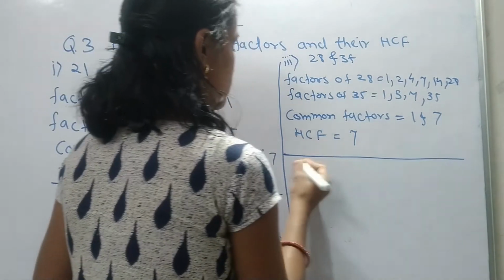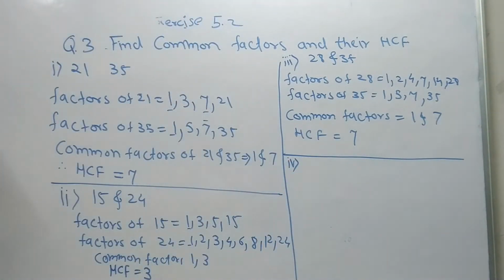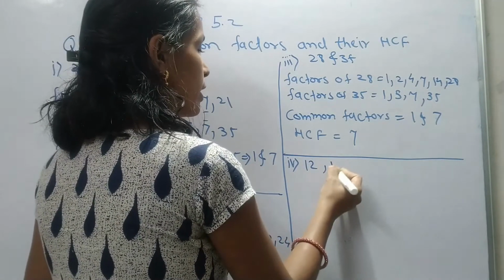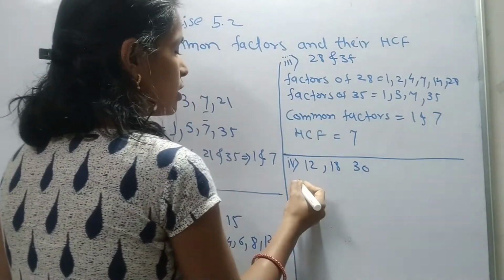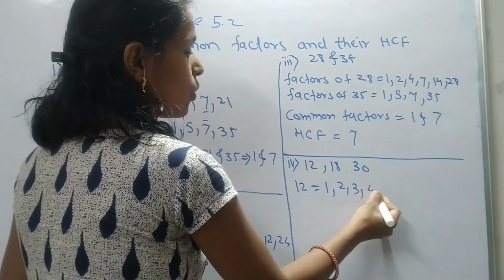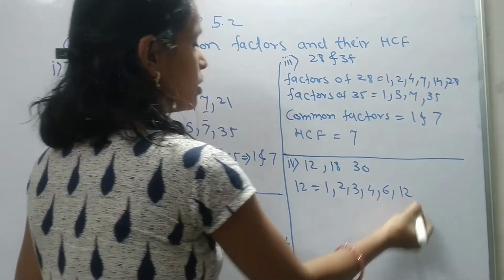Now let's solve the fourth example. We have to find the HCF of 12, 18, and 30. Let's write the factors of 12: 1, 2, 3, 4, 6, and 12. These are the factors of 12.